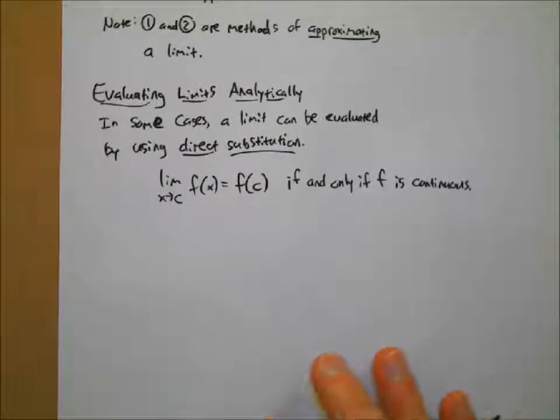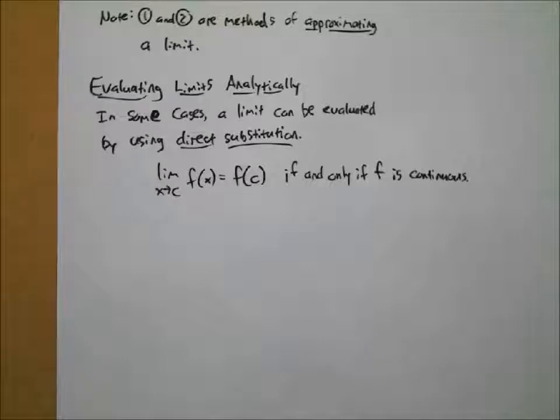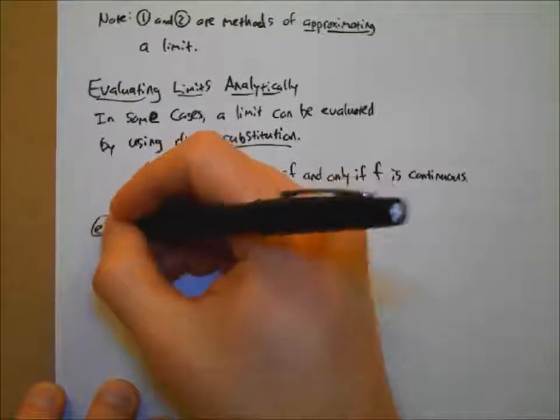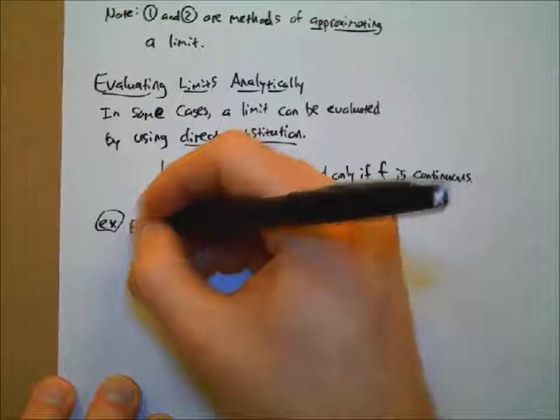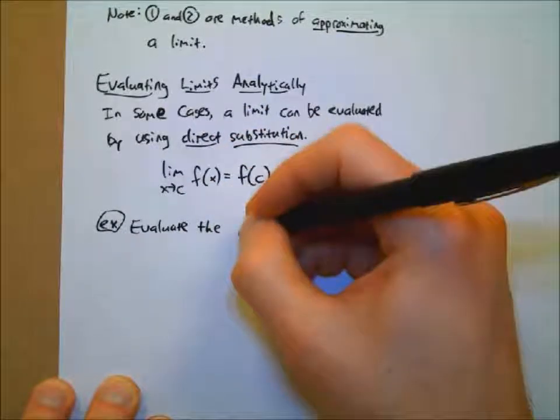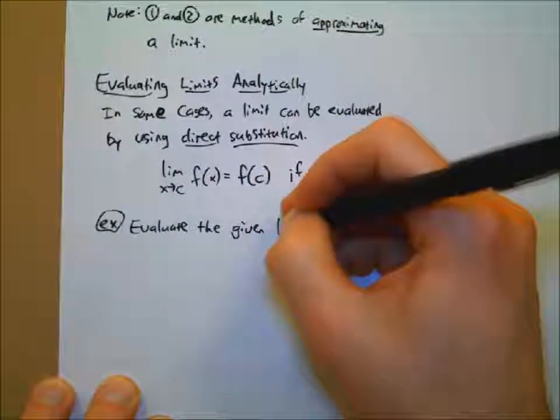But if you know your function is continuous, and continuity in a very basic sense is like being able to trace out your function without having to pick up your pen, then that works. So I'll show you some examples of evaluating some limits. Evaluate the given limits.